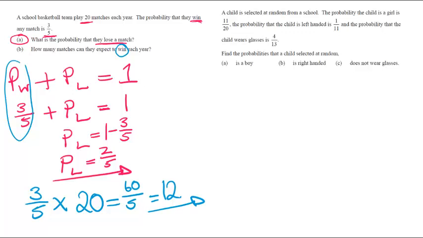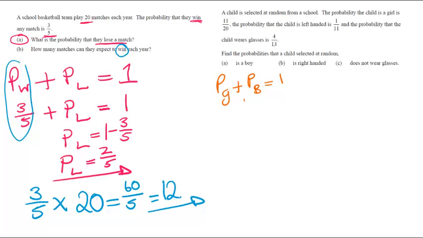The next question says, a child is chosen at random from a school. The probability that it's a girl is 11 out of 20. The probability that it's a left-handed child is 1 out of 11. And the probability that the child wears glasses is 4 out of 13. Find the probability that the child selected at random is a boy. So the probability of it being a girl plus the probability of it being a boy is equal to 1.